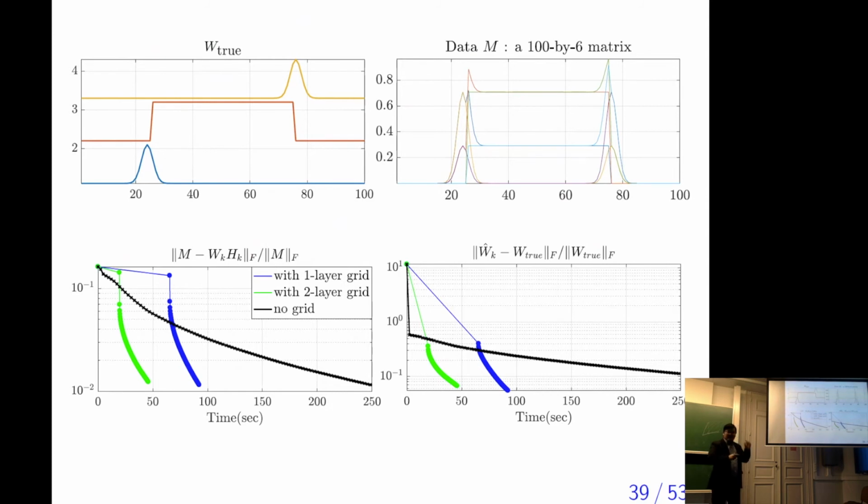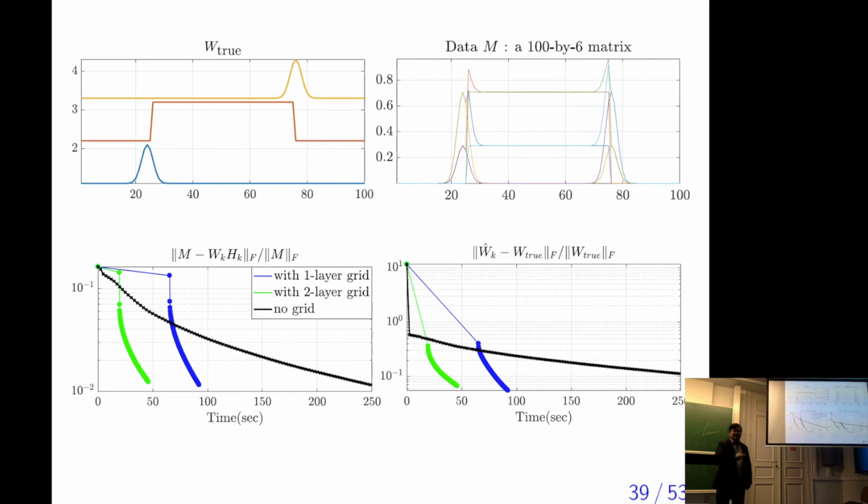And here I take into account the time you run on the small problem, so that's why the first dot in the blue and the green is so far away from time 0. For the black one, they are evenly distributed, I mean the grid size. This shows that with grid, you can greatly improve the convergence time, with 5 times or 3 times improvement, depending on the number of grids.